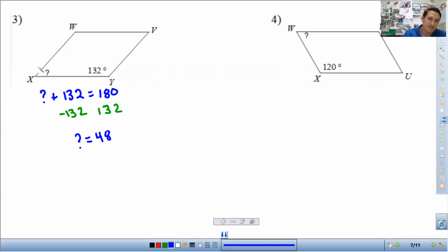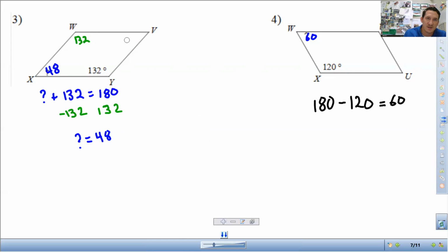They're supplementary. The other way to figure it out real quick, you can just do 180 minus the 120, which is 60. You don't need to set it up as an equation if you don't want to, but either way, this is 60. So when they're next to each other, they add to 180. If they're across from each other, they're equal. Just for fun, to demonstrate that, I'm going to do the other ones here.